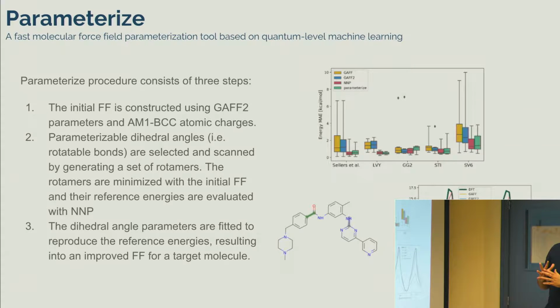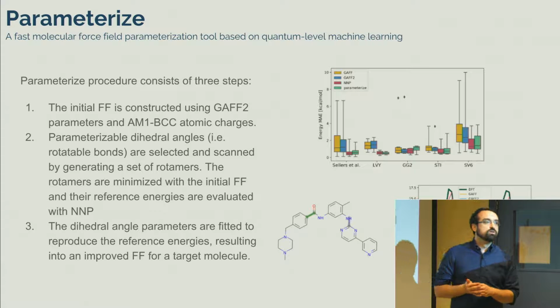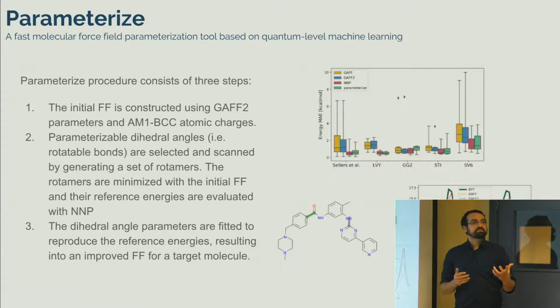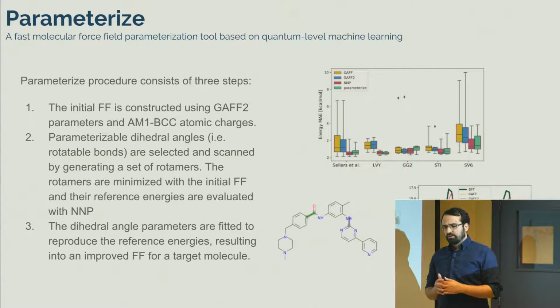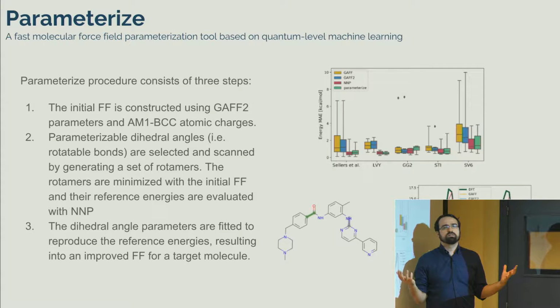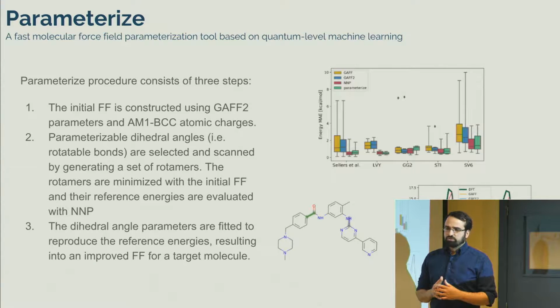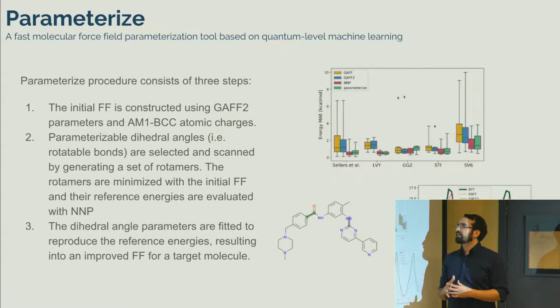Then we also developed a tool called Parameterize that allows you to get these parameters that I was talking about. If you have this huge chemical space with all the molecules available to you, you need a way of obtaining these parameters to perform molecular dynamics simulation.